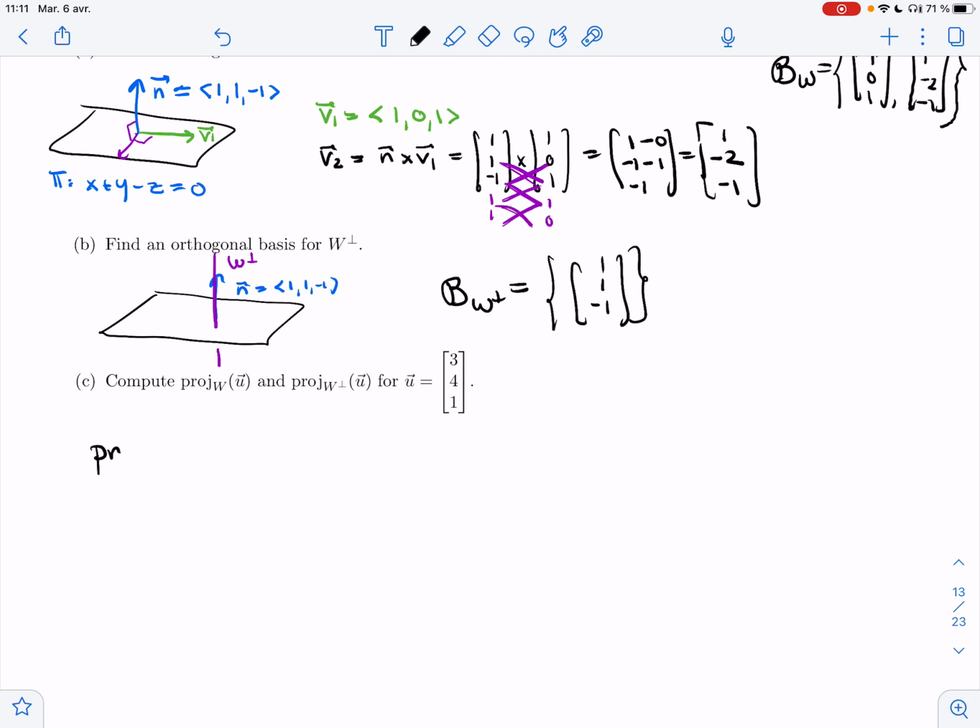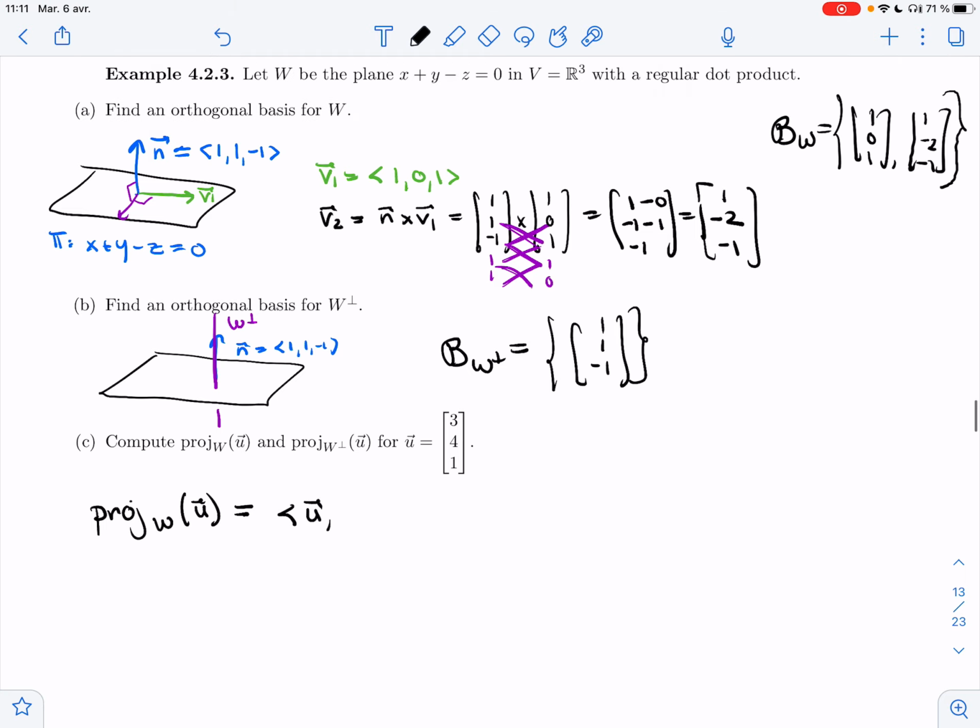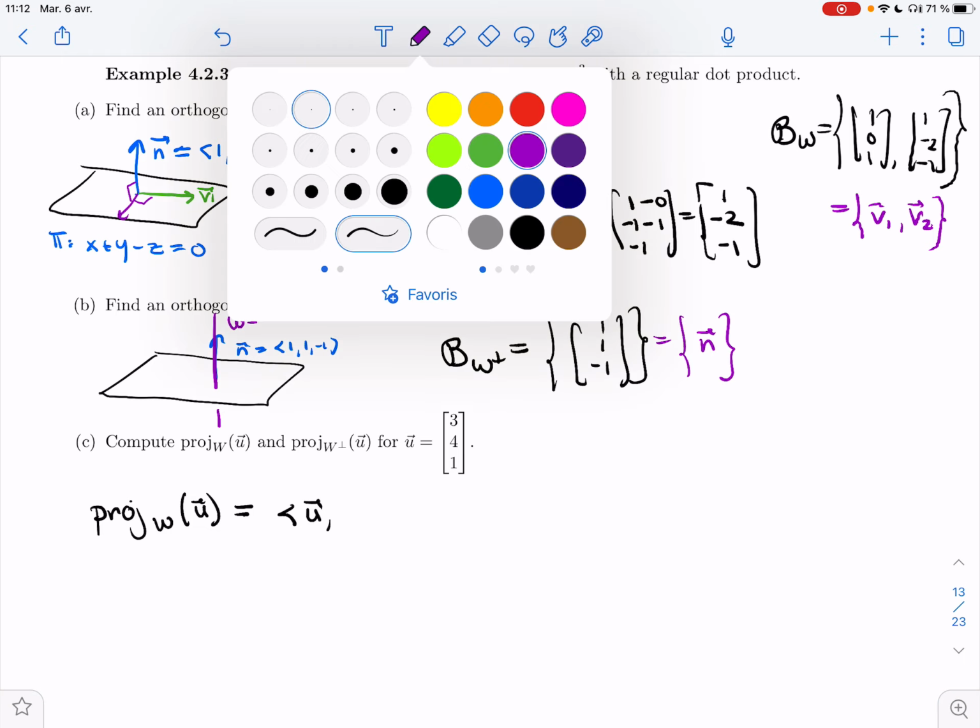All right, compute the projection on W and the projection on W perp of this element u = (3, 4, 1). Projection on W of u. That will be u dot my first vector, so I'm going to use it as v1, v2, and let's just call this one n, since that's what we had before.